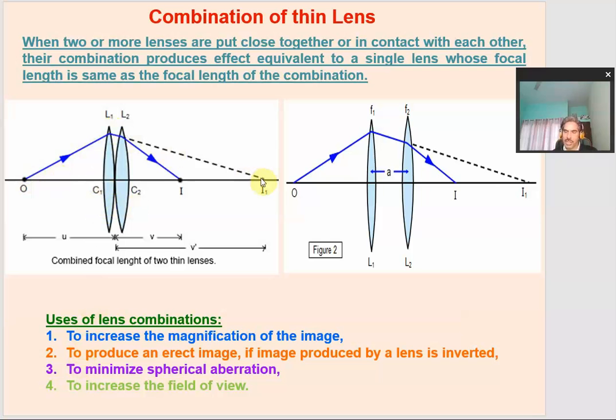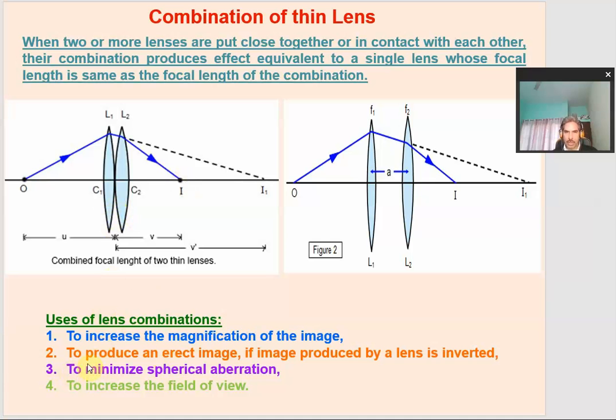This inverted image will behave as an object for the second lens, which is placed in combination with the first lens. The second lens will invert the inverted image so as to make it erect. In this way, by using the combination of lenses, we can get an erect image.